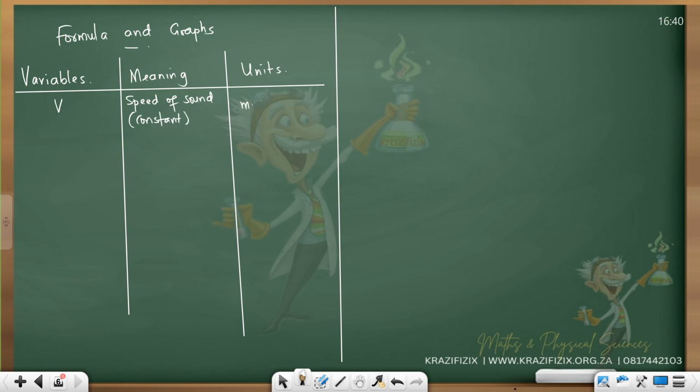And the unit is meters per second. VL. This is the speed of the listener. If you notice, I am using the word speed and not velocity because we're talking about scalar. Meters per second.